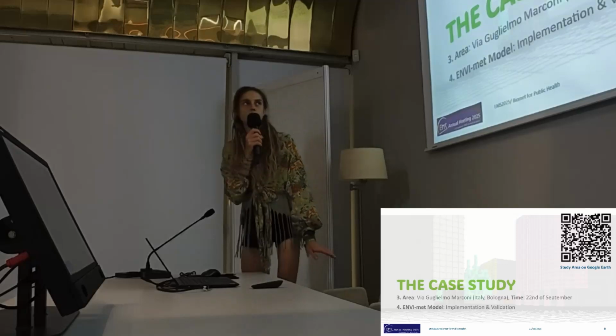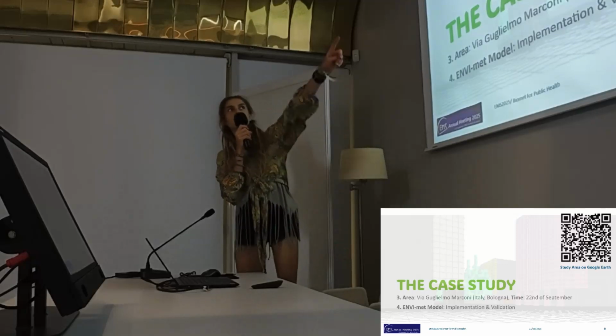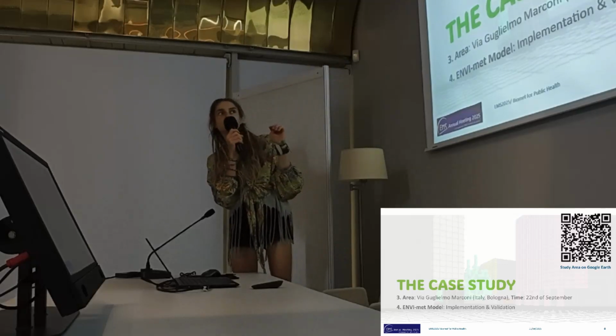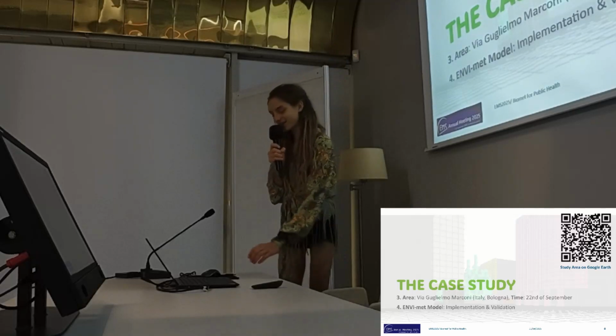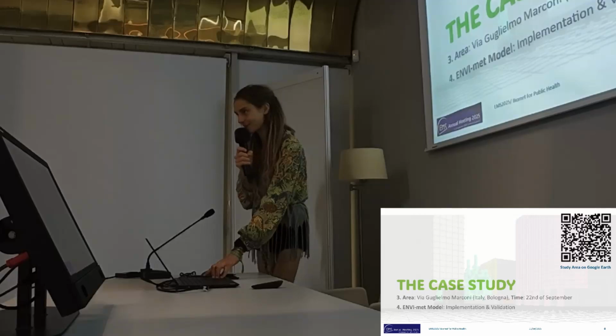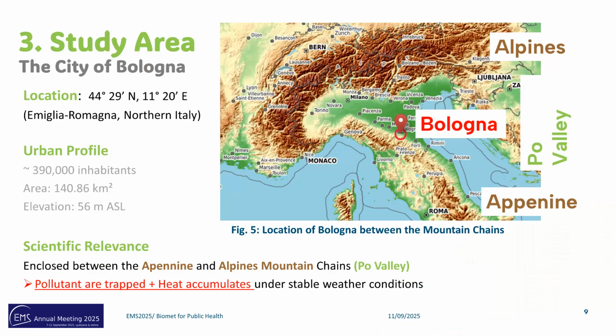If any one of you wants to know where exactly it is, I put a QR code to Google Earth. There you can see it as well. Well, my study area was the city of Bologna. This is an Italian city lying between the Apennines and Alpine mountain chains, in a valley called the Po Valley.